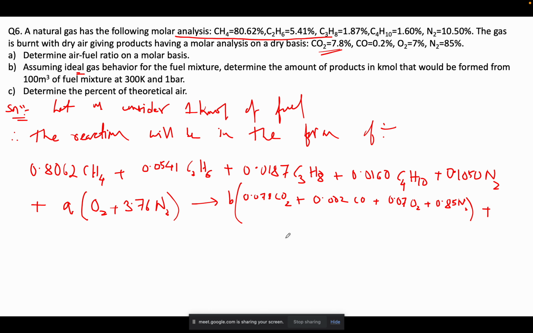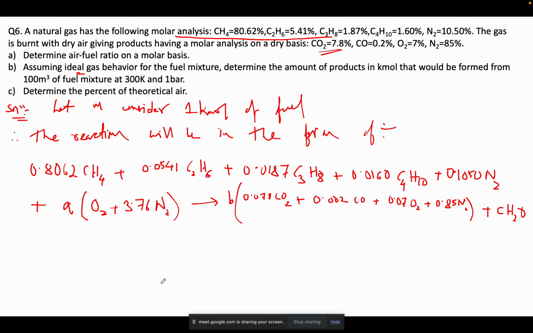Plus, we also know that whenever we burn any hydrocarbon with oxygen or air, it gives carbon dioxide plus water plus other byproducts, but here this water vapor is not in the dry part, so we'll assume this one as C into H2O.